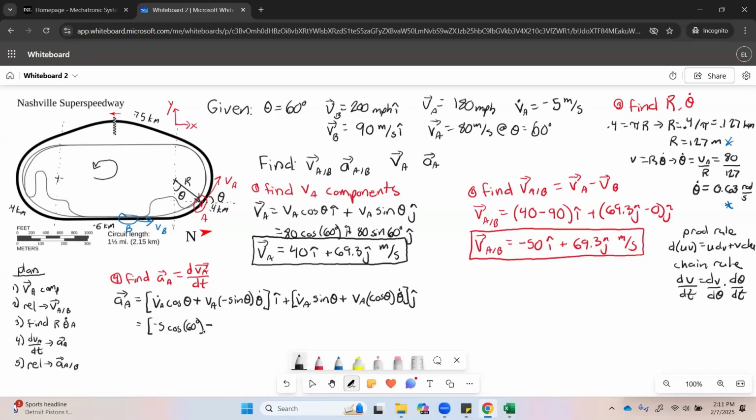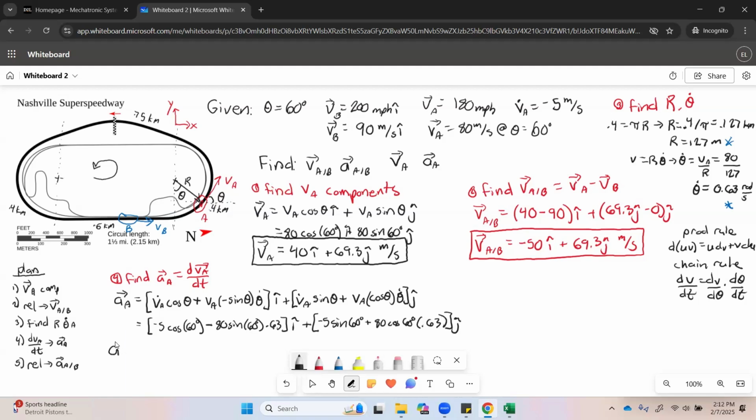So -5 cosine of 60 degrees minus the VA, which is 80, sine 60 degrees times the theta dot, 0.63, in I hat plus in J hat, we've got -5 sine 60 plus 80 cosine 60 times 0.63 in the J hat.